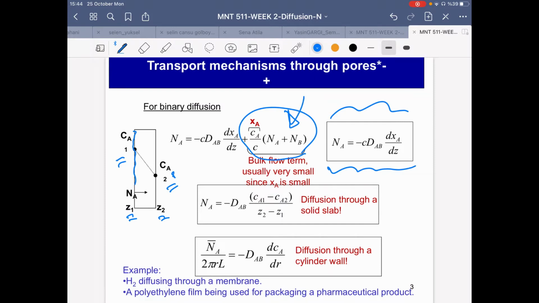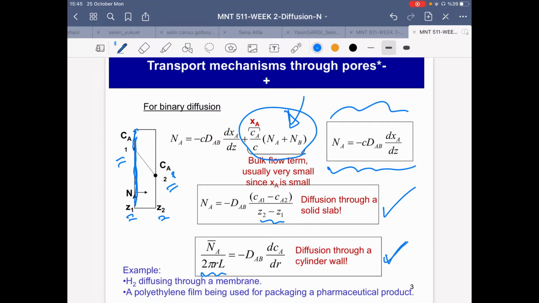And if this is, for example, diffusion through a solid slab, this is Z2 minus Z1, but this can be done, for example, through a cylindrical wall. For example, you have some nanofibers or something that's diffusing through the cylindrical wall, and then the unit area changes with the surface area of whatever is trying to diffuse through. So it makes a difference.